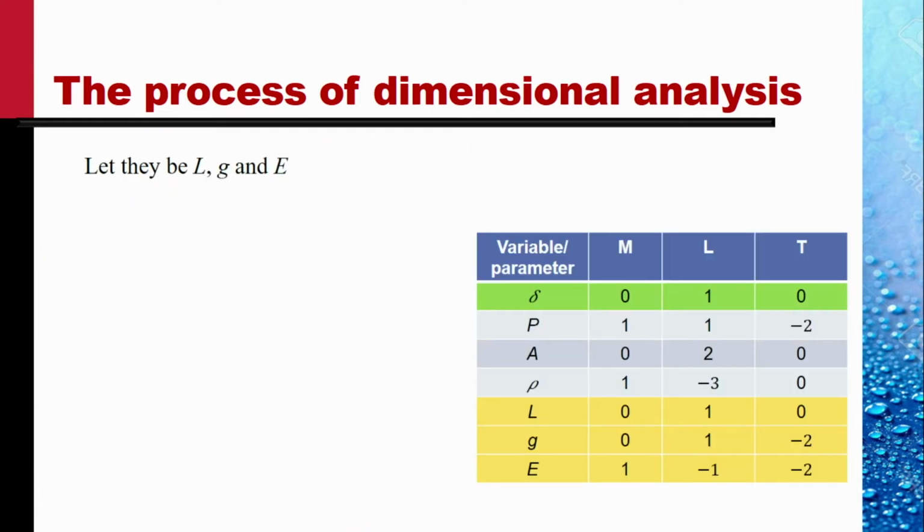Let them be L, G, and E, denoted in yellow tint. In this table, notice that these 3 quantities form a complete subset in the sense that we can express the dimension M from these 3.